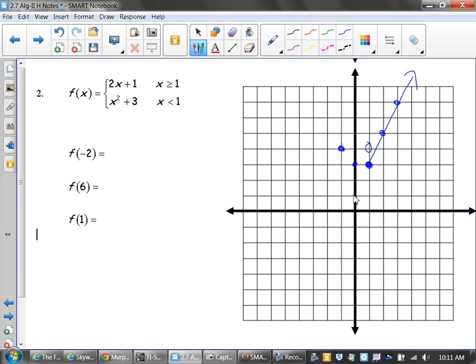At -2, it'll be 7. Is it fine if you use the calculator? It's absolutely fine. This one I thought was a little easier. Instead of me going back and typing it all in, I was just going to show the curve real quick. And now, the reason why I have an open dot at 1 is because x can't be equal to 1. And I come back with my curve. And that's it.